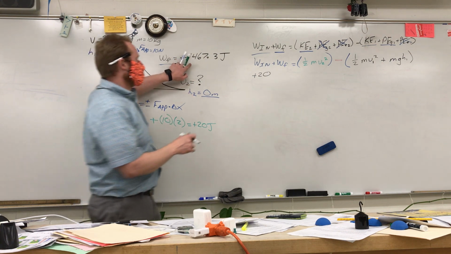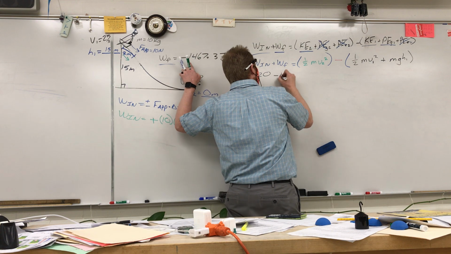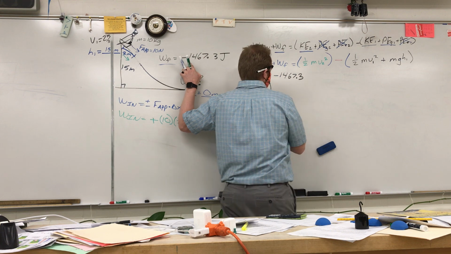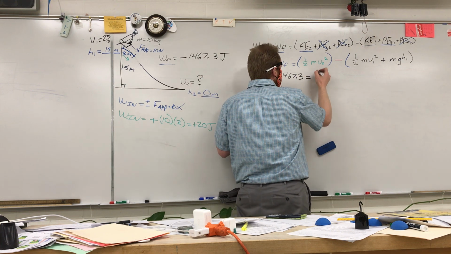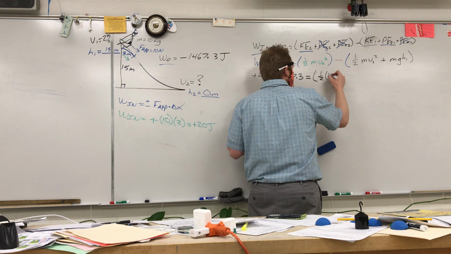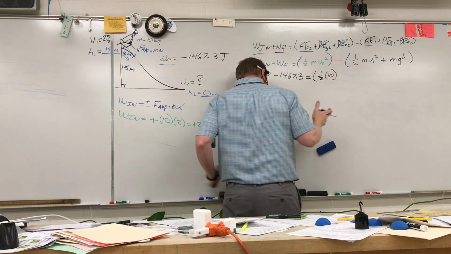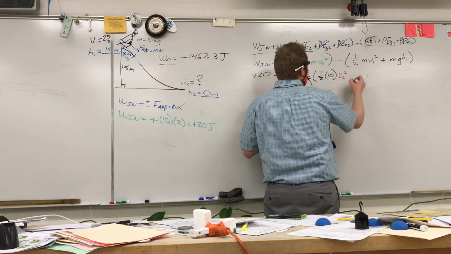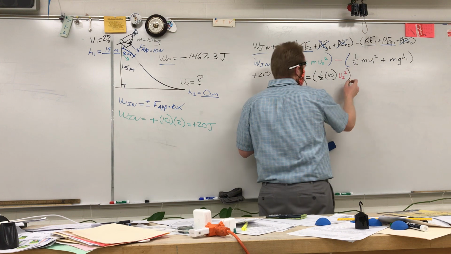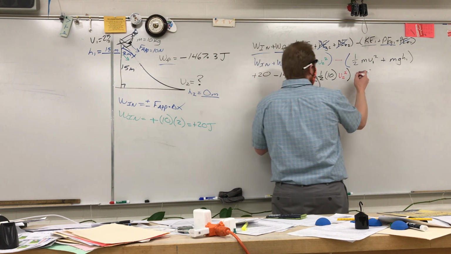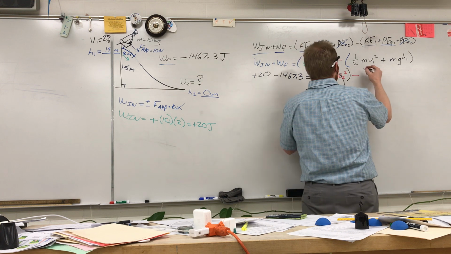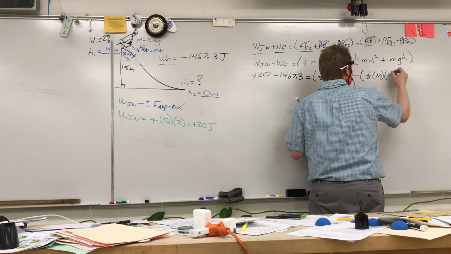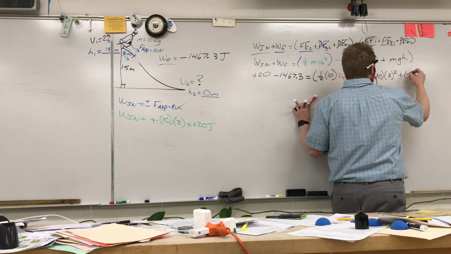The work done by friction was given as it was losing 1,467.3, which is equal to 1/2 of the mass of the baby times V2, so that's 10, V2 squared, parentheses, minus, parentheses, 1/2 times 10 times 2 squared plus 10.